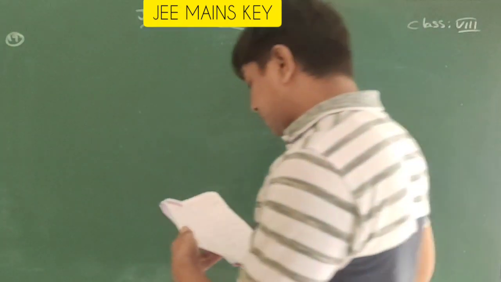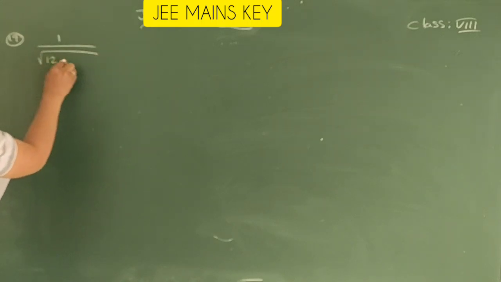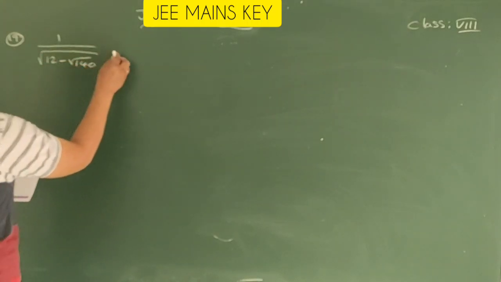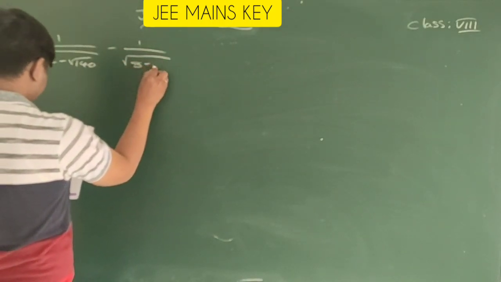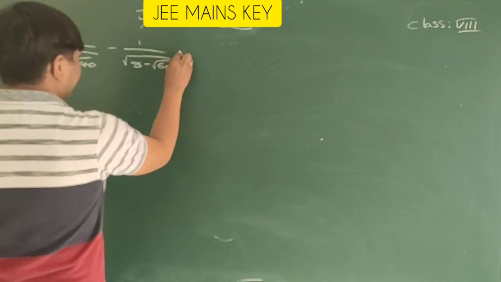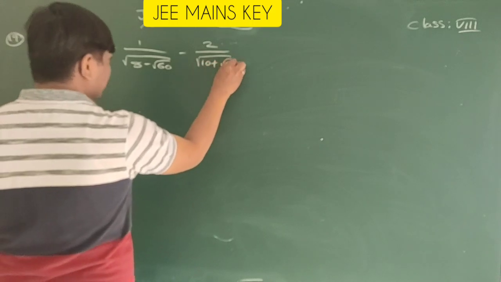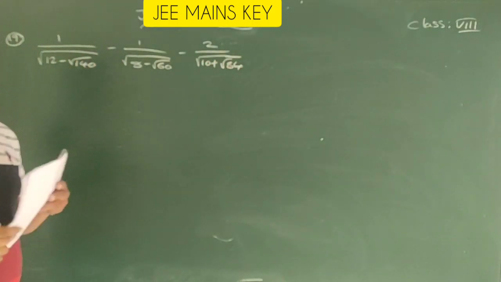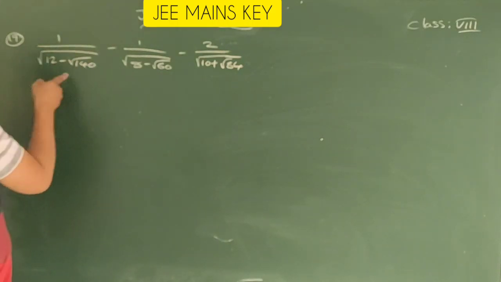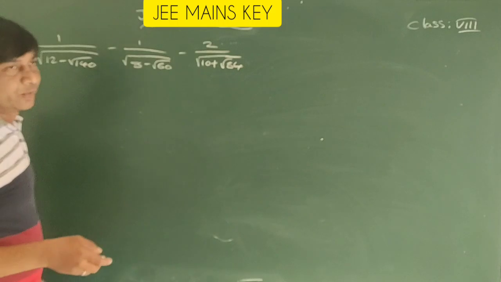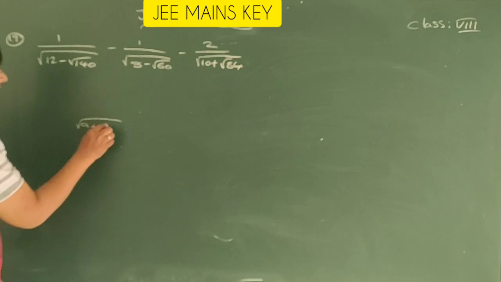Nineteenth question: 1 by square root of 12 minus root 140, minus 1 by square root of 8 minus root 60, minus 2 by square root of 10 plus root 84. See here, first the denominators: find the square root. Generally, the square root of a surd is in the form a plus 2 root b.